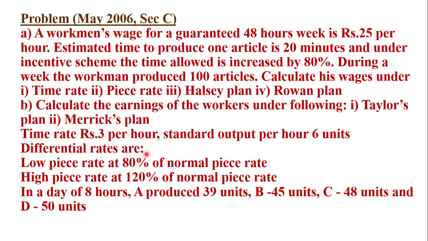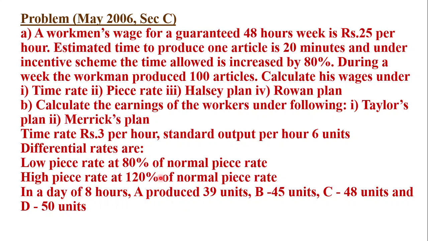Then differential rates are also given here. Low piece rate at 80% of normal piece rate and high piece rate at 120% of normal piece rate. Then in a day of 8 hours, A produced 39 units.